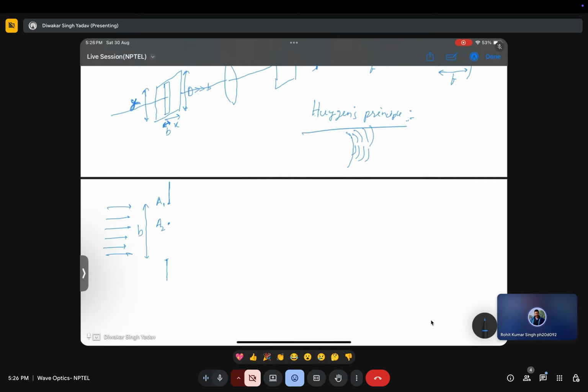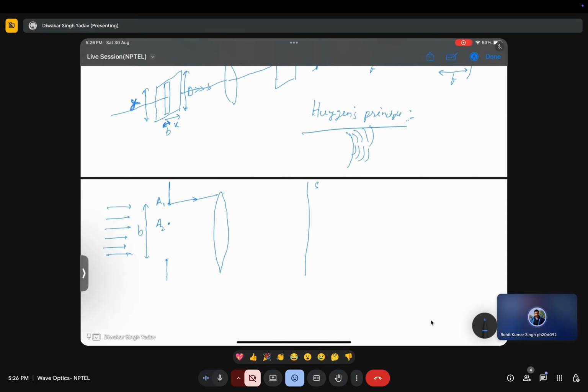Since we are talking about Fraunhofer diffraction, we have a convex lens here and a screen here. Suppose from A1 you have this path of light ray going like this, okay?